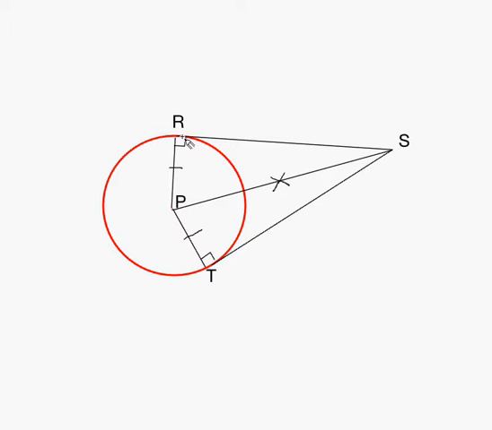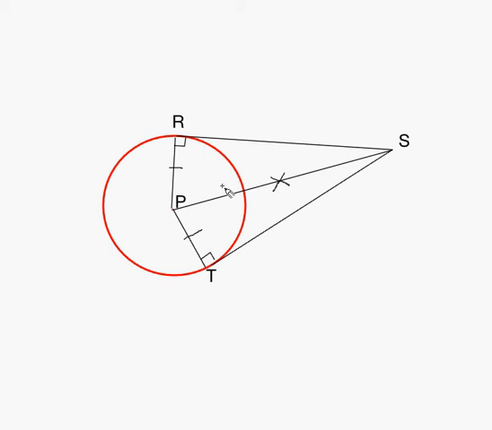Now we have the two triangles congruent according to hypotenuse leg: triangle RPS has RP as the radius, whereas triangle PTS has PT as the radius, and that's one of the legs of the respective right triangles, and they both share the same hypotenuse.